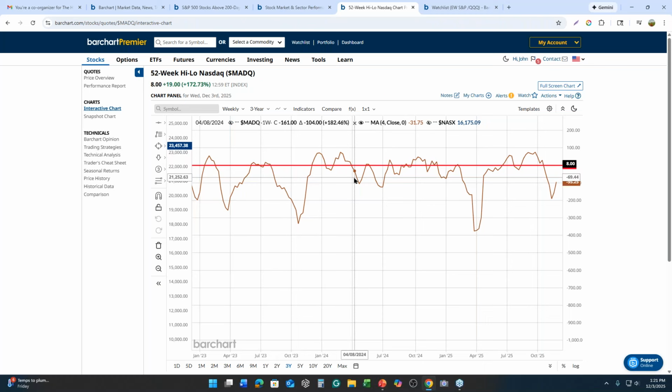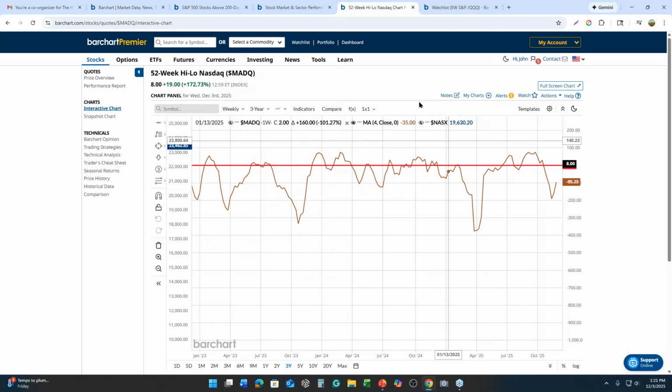If we look at what has happened since about June, more stocks have been making 52-week highs, but as of recently, a little bit of a sell-off. Over here, more stocks were making 52-week highs, but here we see we fell below. So that would be more negative breadth.